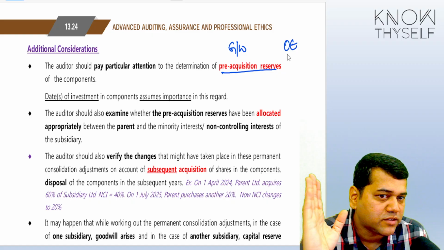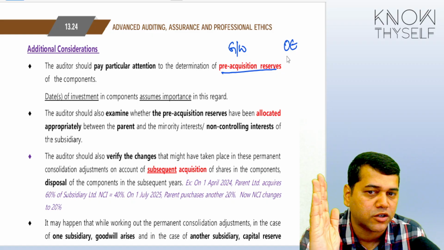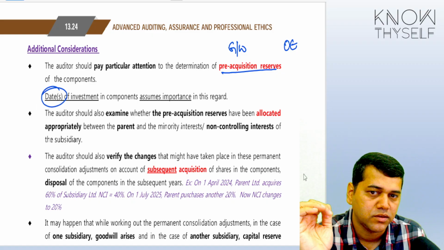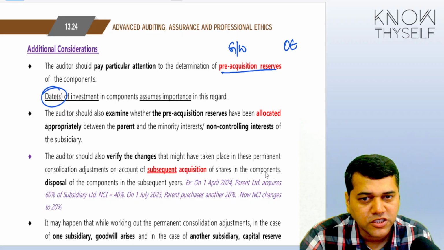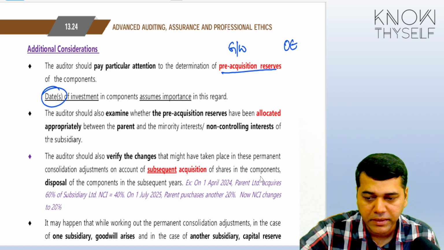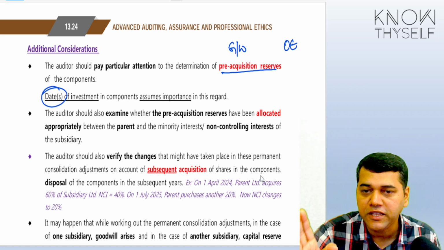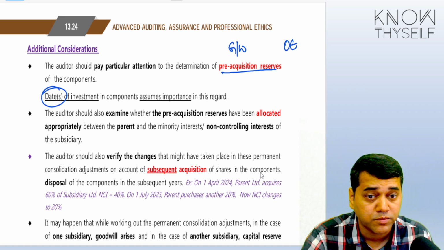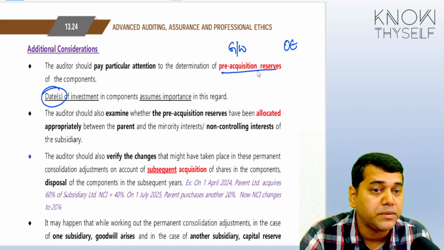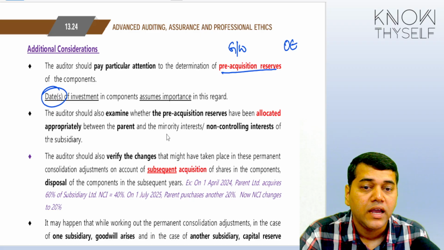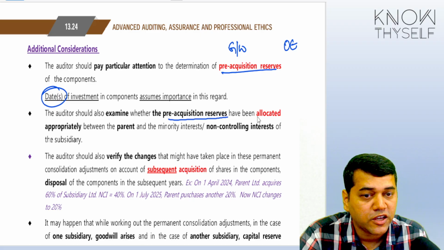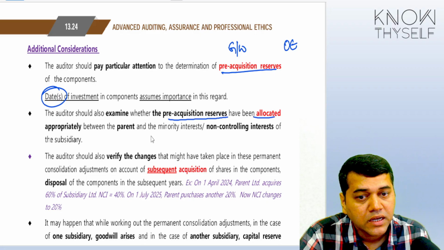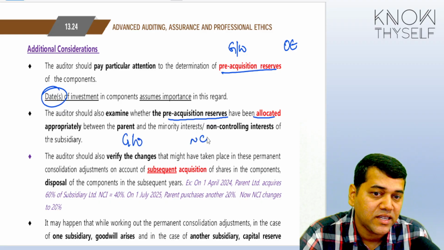What decides the pre-acquisition and post-acquisition cutoff? That is your date of the investment. So pay very special consideration to the date of acquisition, because it will decide the pre-acquisition reserves. Examine that the pre-acquisition reserves have been allocated properly between goodwill and NCI.